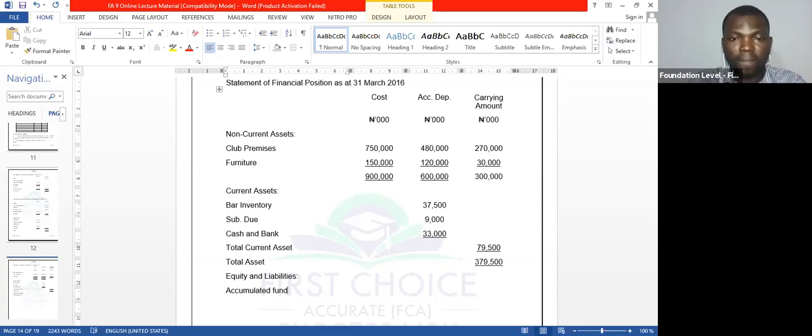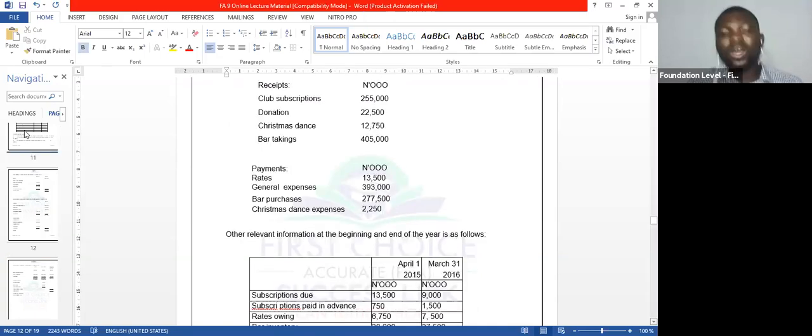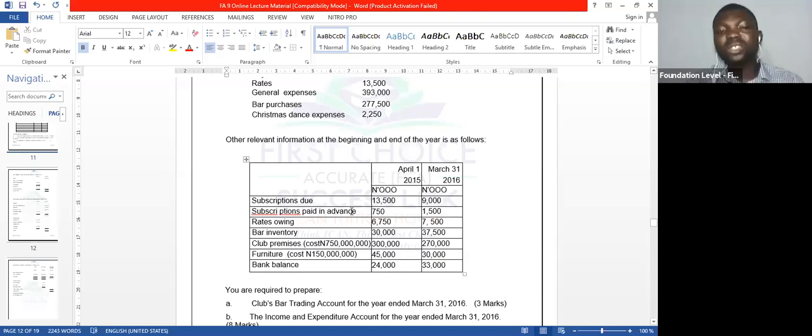So if we go through the question, let's start with the division. Okay, that's the balance. We don't have anything of such. It means that we need to work it out. We need to calculate it. We need to derive it. So how do you derive it?